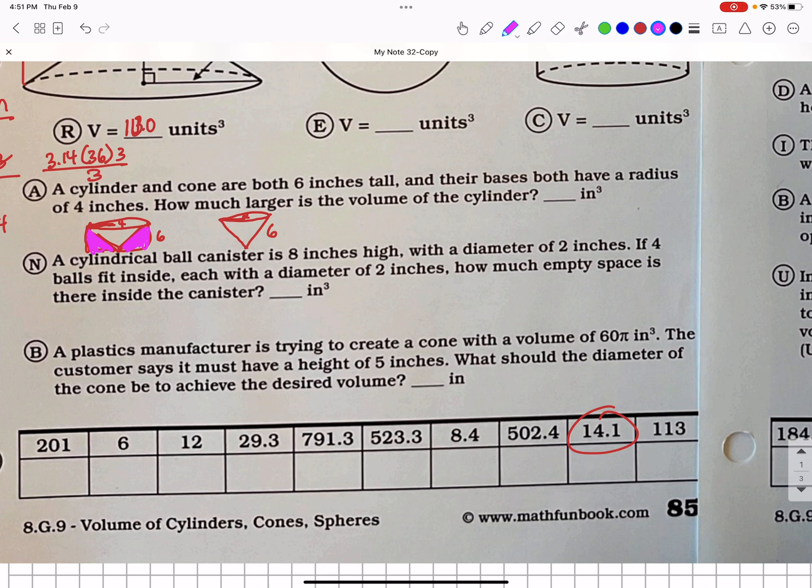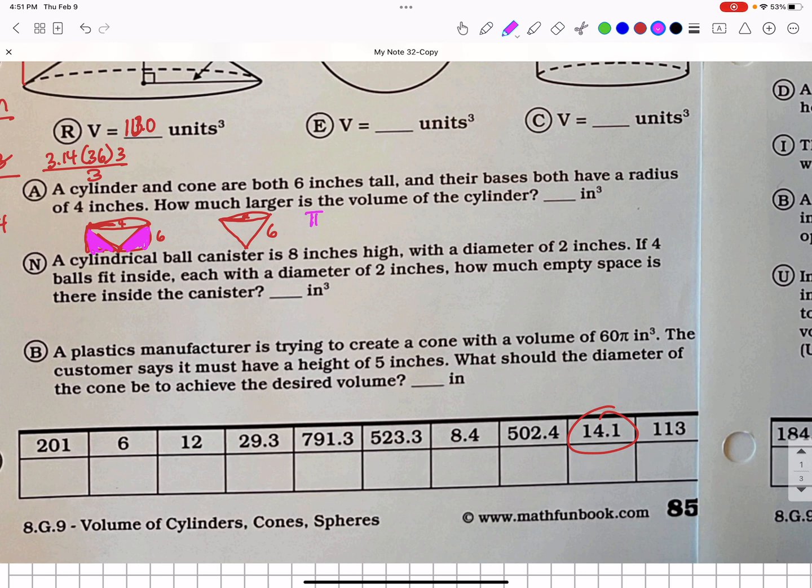Okay, so we find the cylinder is pi r squared times height. And then the other one is pi r squared height divided by 3. We're just going to take it away and see how much. So let's figure out the cylinder.